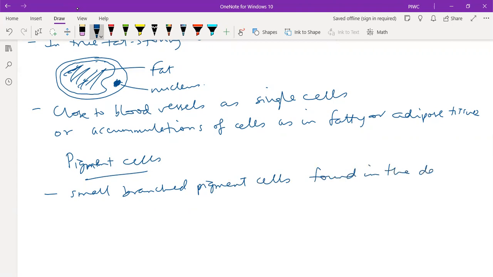So the dermis is the connective tissue under the skin. And they contain the pigment melanin.